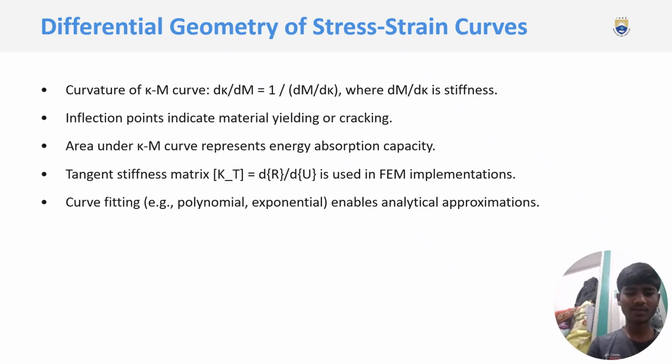Inflection points indicate material yielding or cracking. The area under the M-k curve represents energy absorption capacity. The tangent stiffness matrix Kt equal to dr by du is used in FEM implementation.